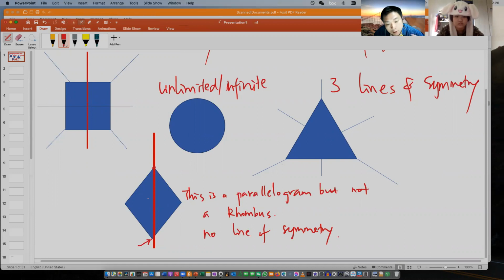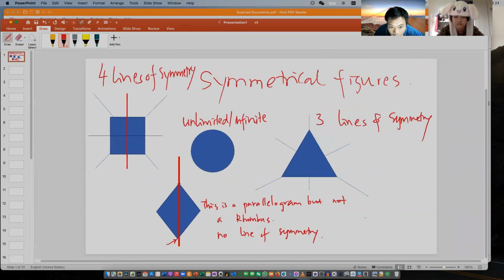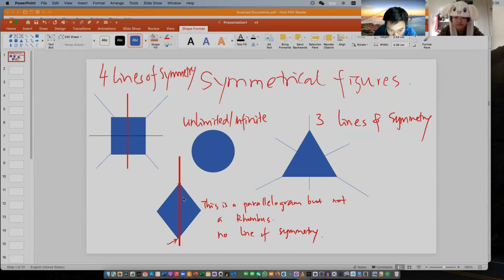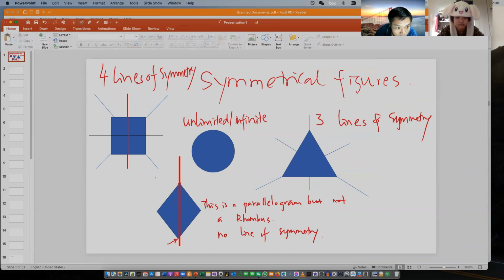This is not a symmetrical figure, so I should delete this one. Since I worked out this is not a symmetrical figure, I should not include this. But the other three here all have at least one line of symmetry, so they are symmetrical figures.